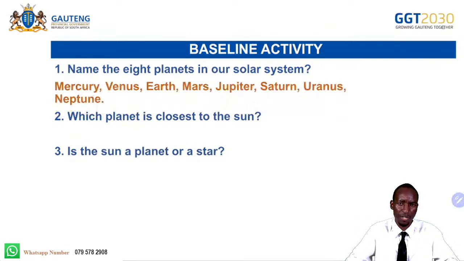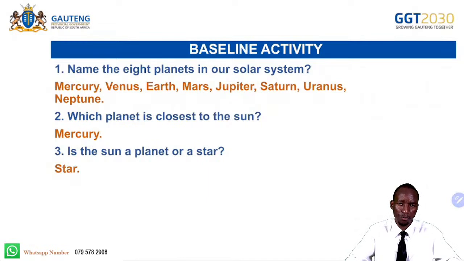Those are the 8 planets which are found in our solar system. Then number 2, we're supposed to state which planet is closest to the sun. That planet is Mercury. Finally, is the sun a planet or a star? The sun is a star.